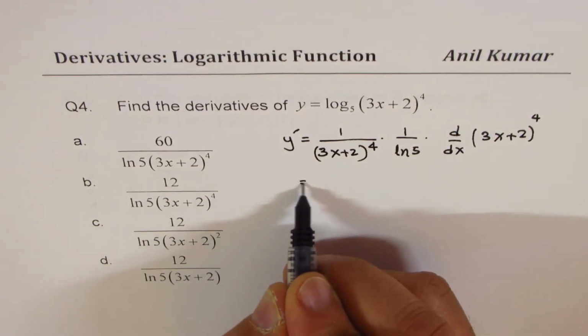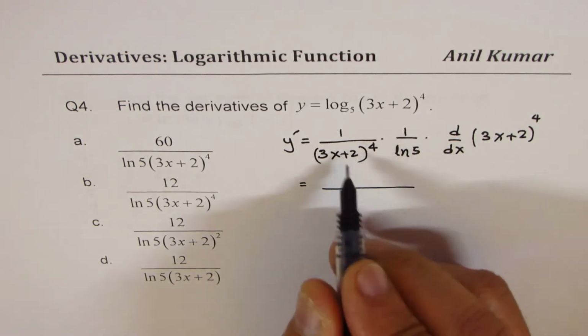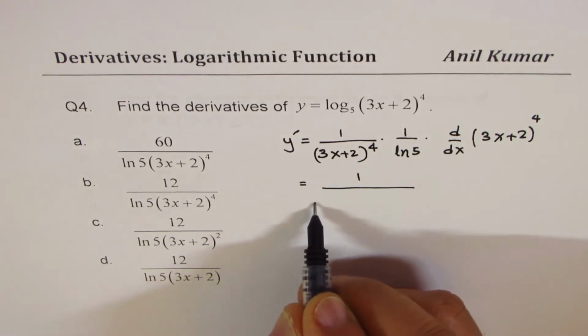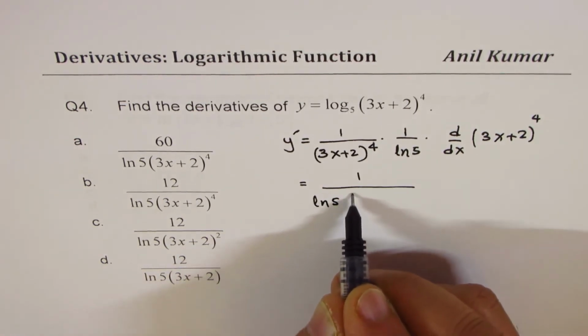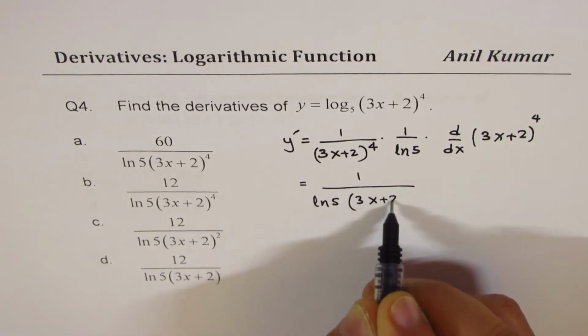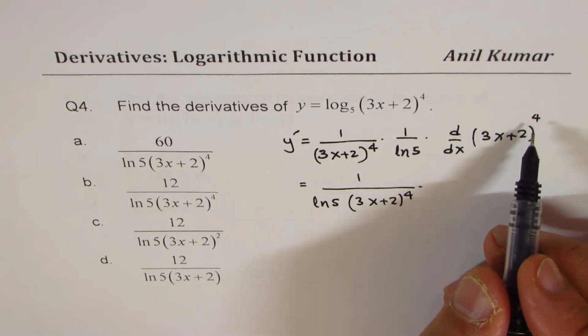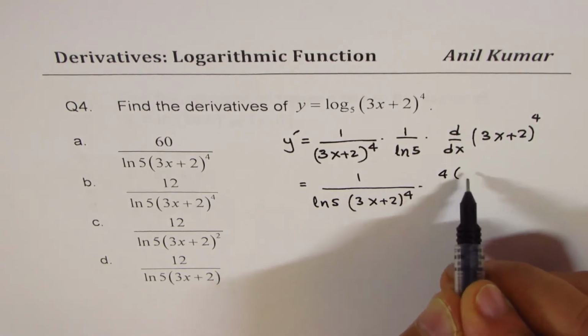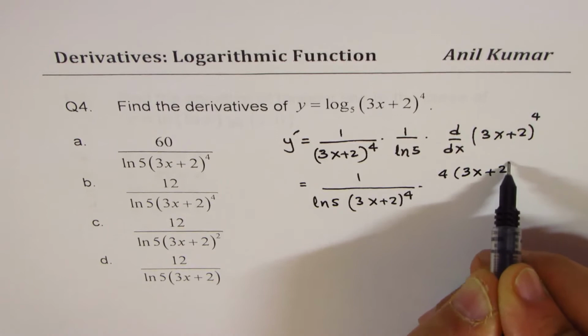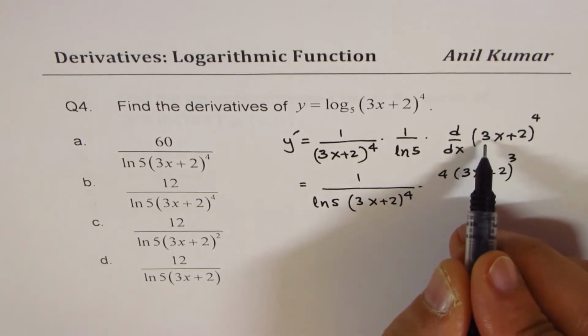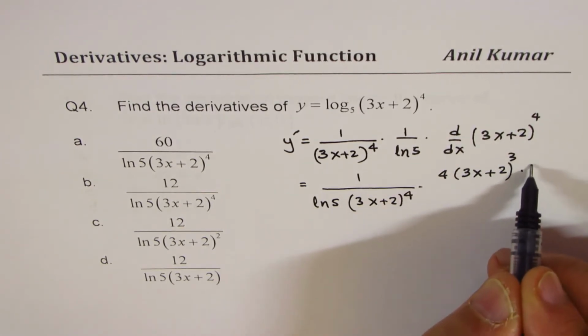Perfect. So this could be written as 1 over ln 5 within brackets (3x plus 2) to the power of 4, times, we'll apply the power rule here, 4 times (3x plus 2) to the power of 3, and the derivative of the inside function will do times 3.